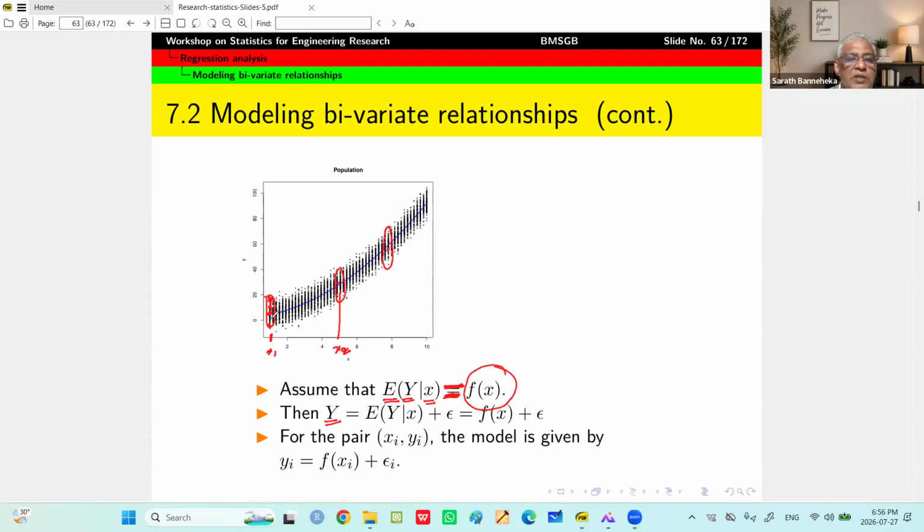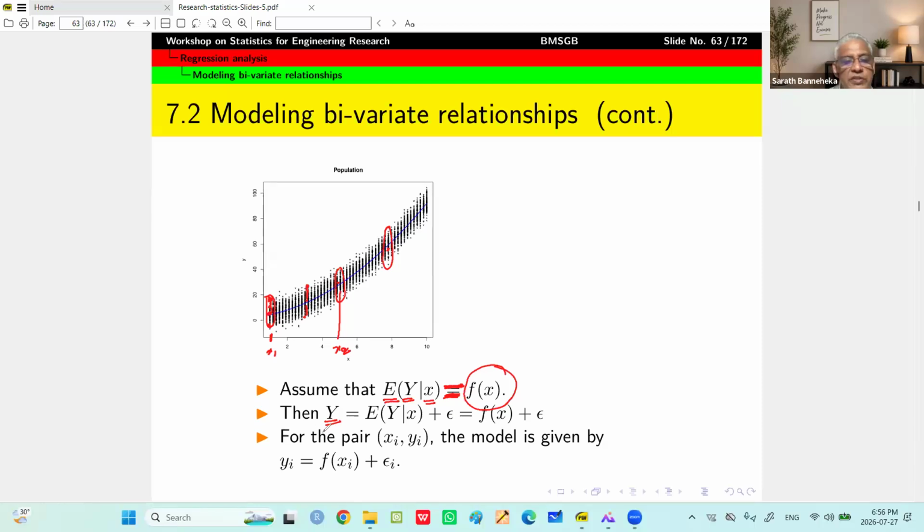This y value here is equal to this expected value minus something. So for a given x, for example here, the expected value may be somewhere here for the population of y values. A y value here is the expected value plus something, this distance. For a y value here, that is going to be the expected value minus something.